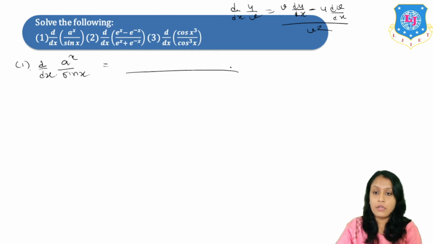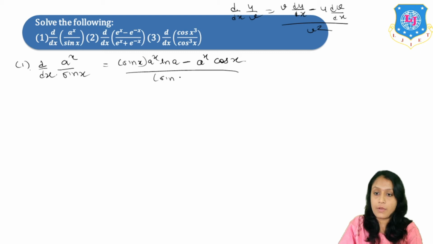So here firstly denominator as it is, so keep this sin x as it is, derivative of e raised to x is e raised to x ln a. Minus now numerator as it is, derivative of denominator is cos x, upon denominator square, so this is sin square x. Correct?